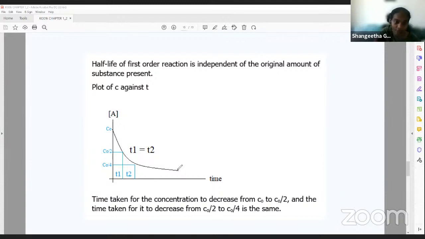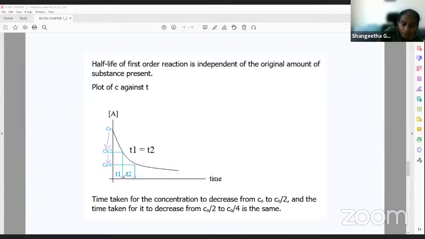If you study the drop in half of the concentration, and you read the graph, from C naught over 2 drop another half to C naught over 4, you draw a straight line and read the time, and you draw a straight line and read the time, you will find that t1 equals t2.